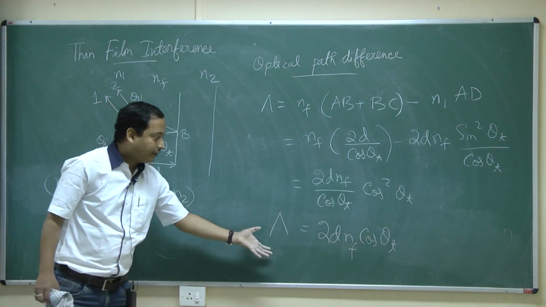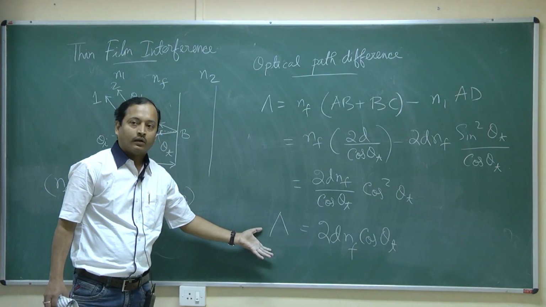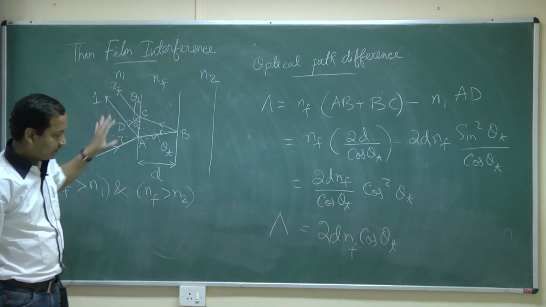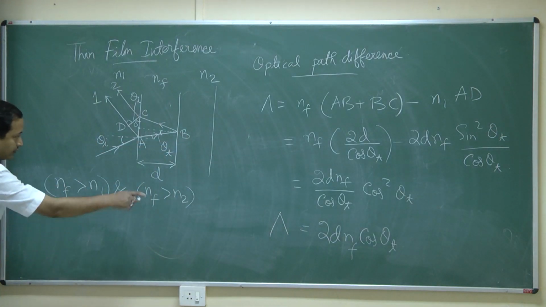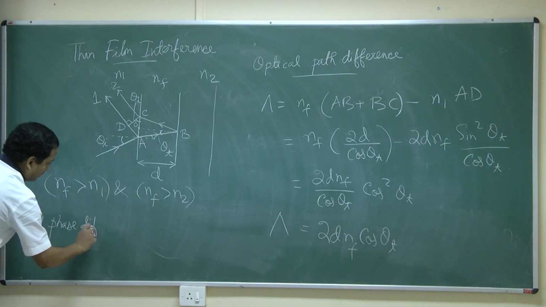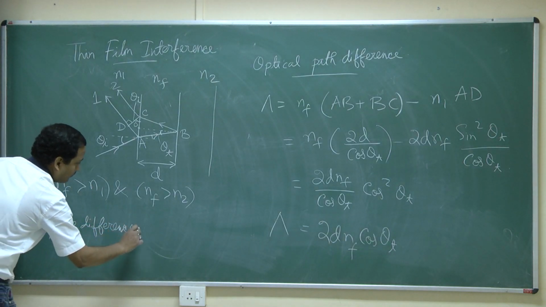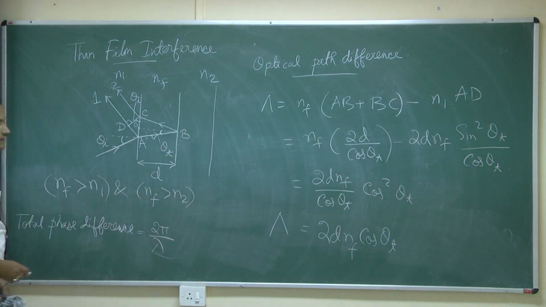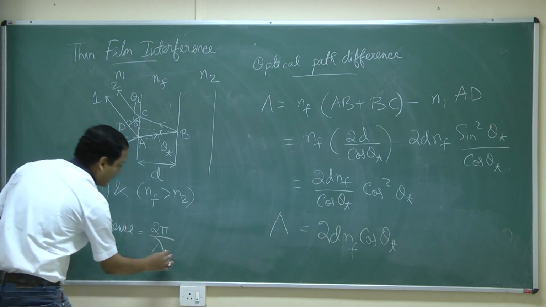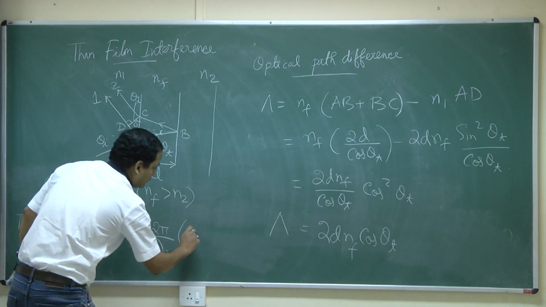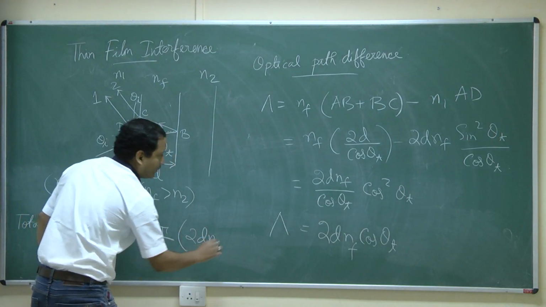So the net phase difference would be whatever this path difference causes as a phase difference, plus you have to consider this additional phase difference. So if this is the case, then the total phase difference between these two rays would be 2 pi by lambda naught, the vacuum lambda, because I am already using the optical path here, times 2 d n_f cosine theta t.